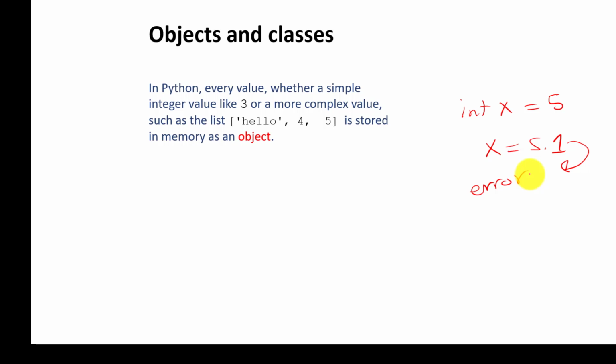Because every value in Python is stored in objects, every Python type is a class. So for now, we will just use the terms class and type interchangeably until we get to the point where we can explain what we mean by classes and how we can implement our own class.